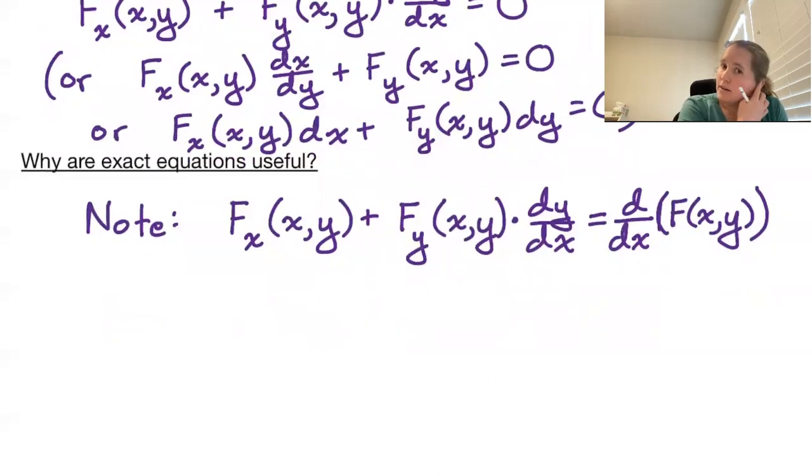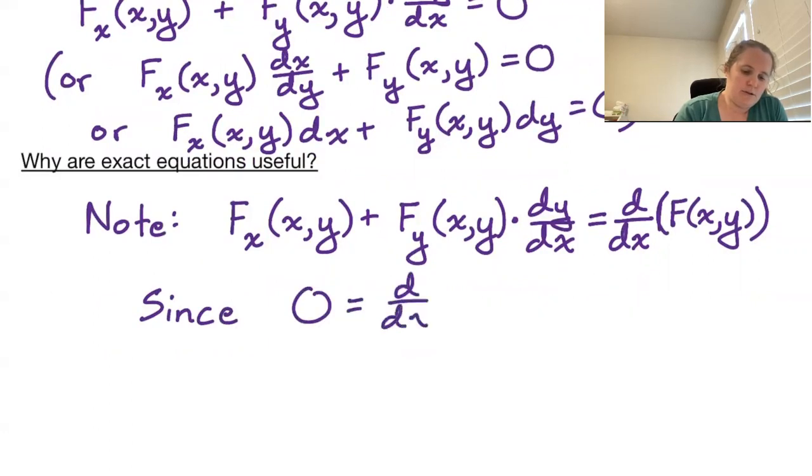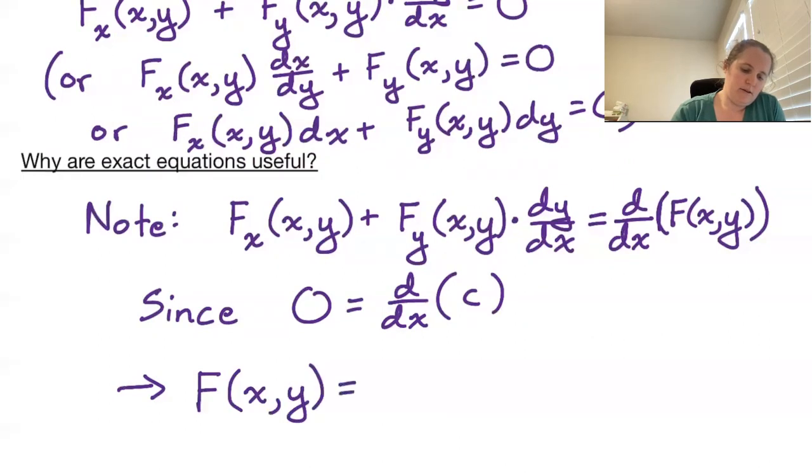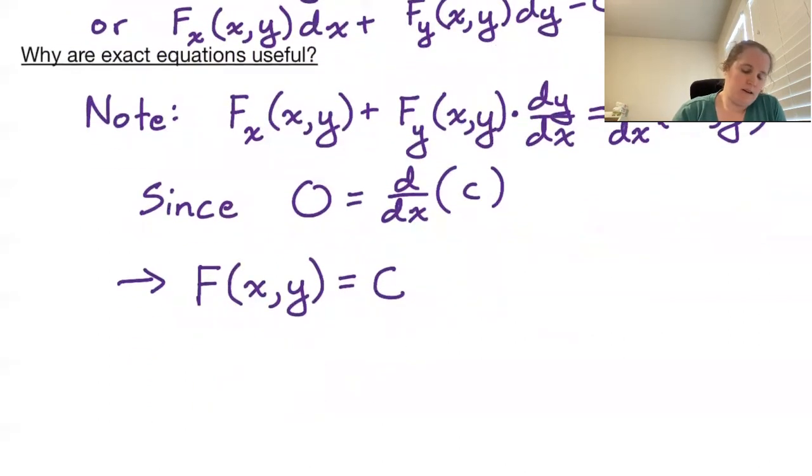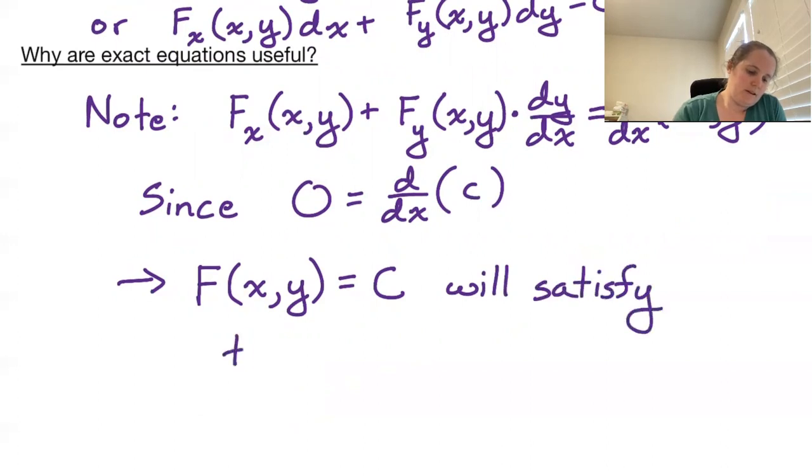So since 0 is just the derivative of any constant, it turns out that anything of the form F(x,y) equals c will satisfy the differential equation, or the exact equation.